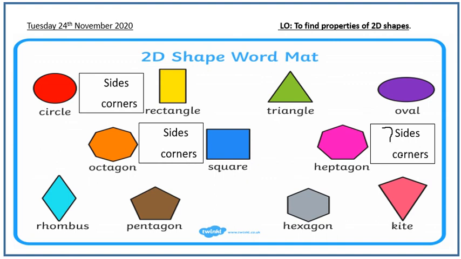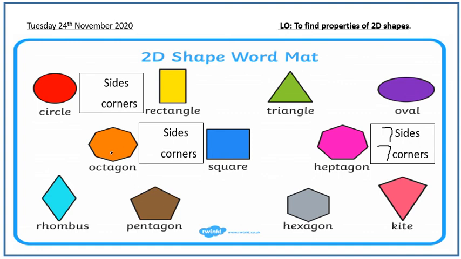Now, let's look at the corners. How many corners does a heptagon have? Remember, it's these pointy bits where the two sides meet. 1, 2, 3, 4, 5, 6, 7. So there are 7 corners to a heptagon.